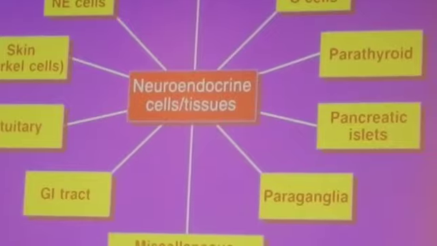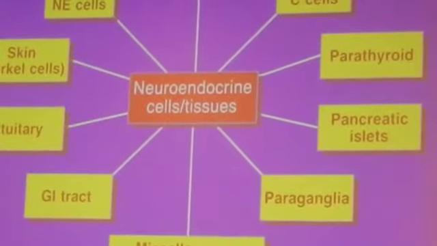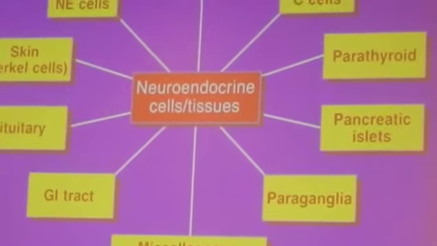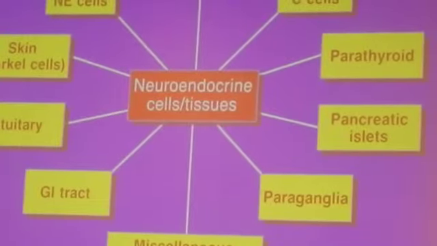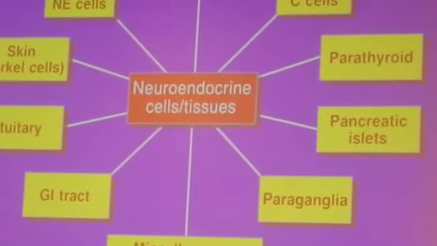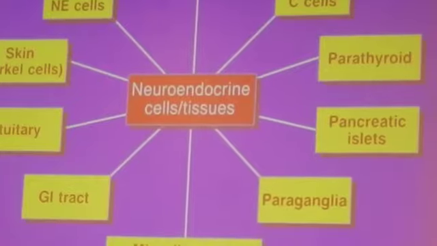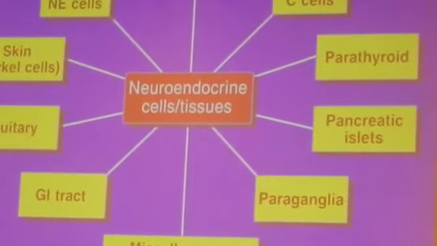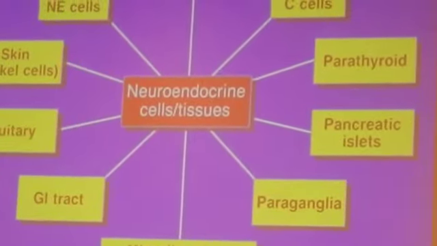And as you know, a lot of these are characterized by having neuroendocrine features histologically, and having secretory granules expressing proteins such as chromogranins and synaptophysin that we use diagnostically. So it's quite a wide, diverse system.